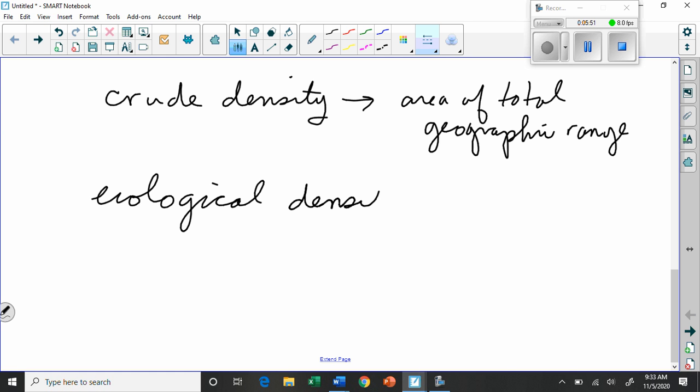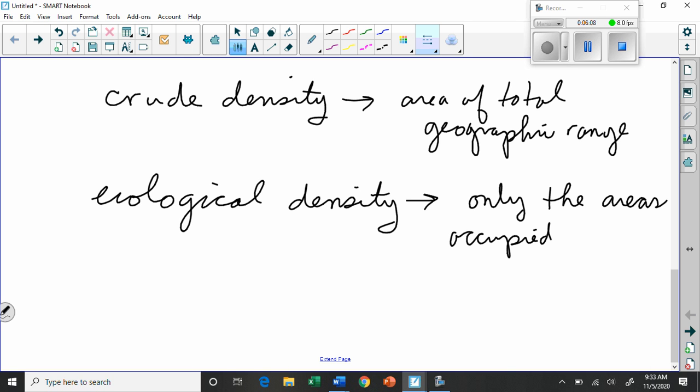And so in order to do that, you have to be a little more specific about those areas. It's a comparison to only the areas occupied by the species or by the population within the geographic range.